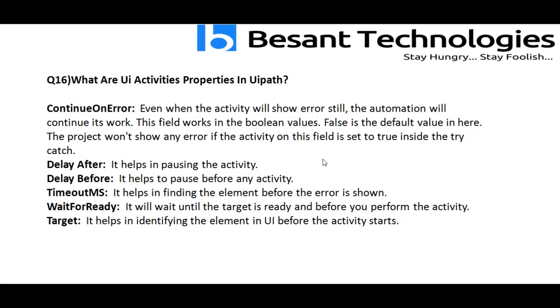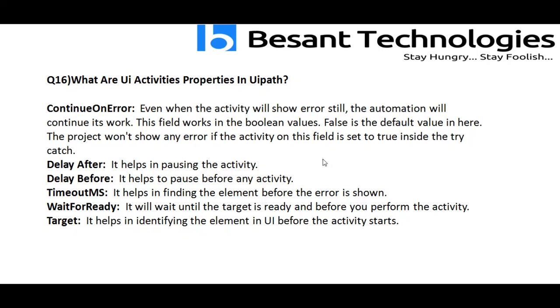Delay before property pauses the execution before the activity is executed. So before the type into activity is executed, it pauses the automation. So this is called delay before. Timeout ms is used to find the element before the error is shown. So it searches for the element which we have specified before any error occurs.